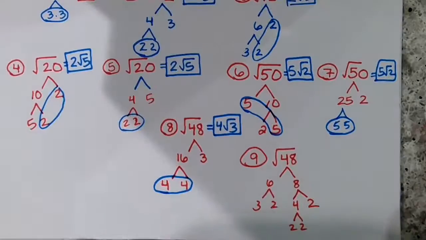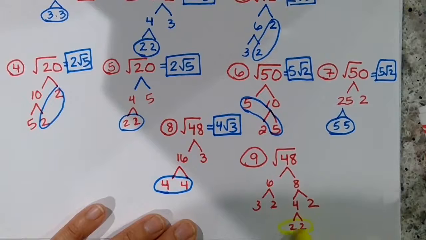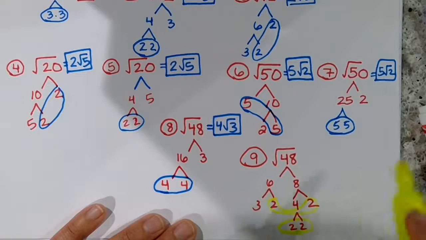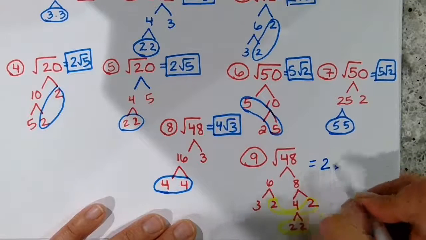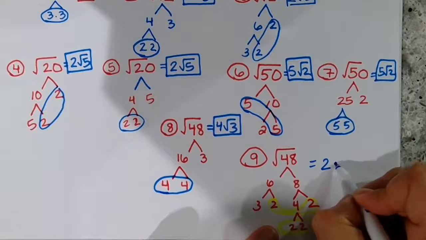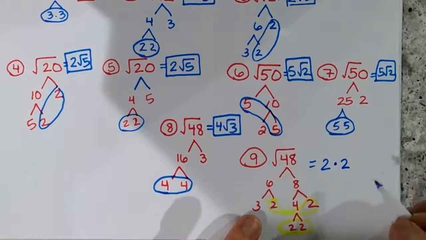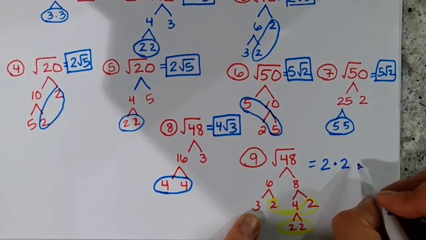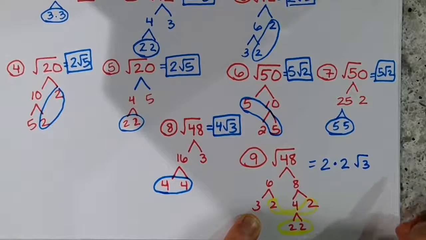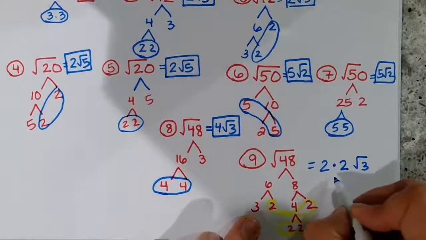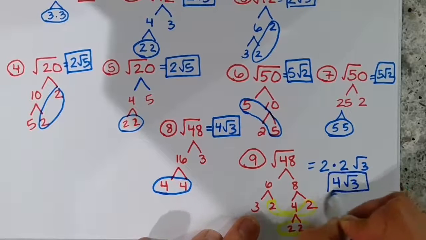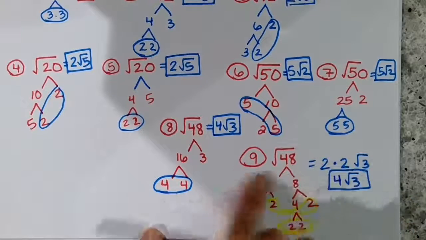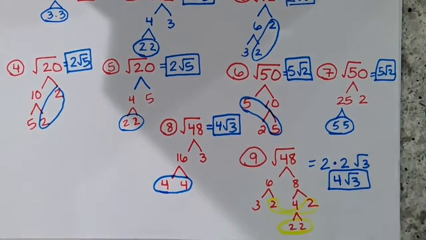And in this case, I have a double right there, and I have another double right there. So I'm taking out a 2, I'm taking out another 2, comes outside the square root. And I still have a single 3, stays under the square root. Combine these two. So the 2 times 2 is 4 root 3. If you got the square root of 48, that is a really tough one. Okay, good job. That's it.